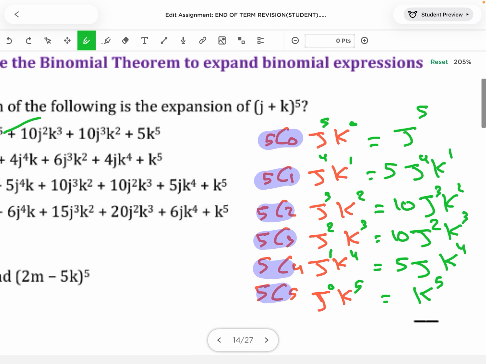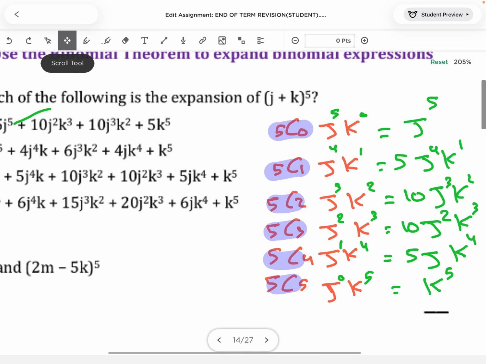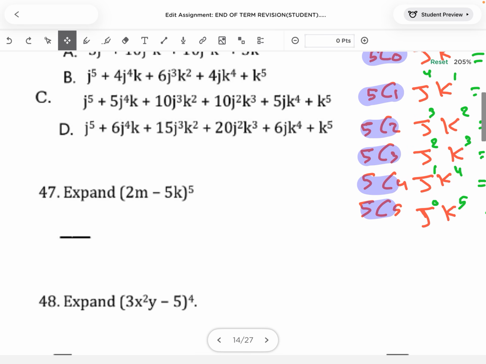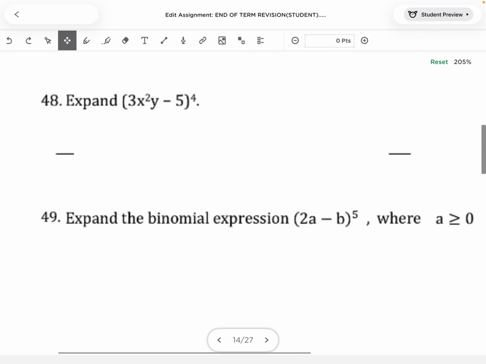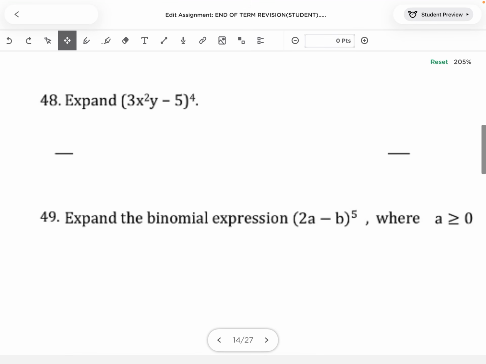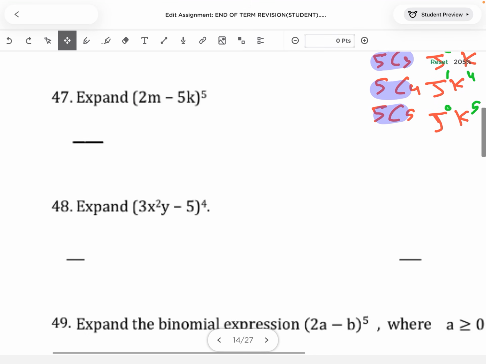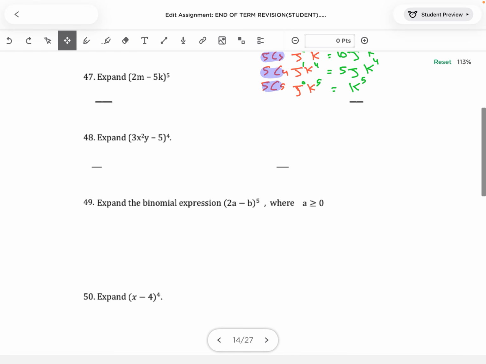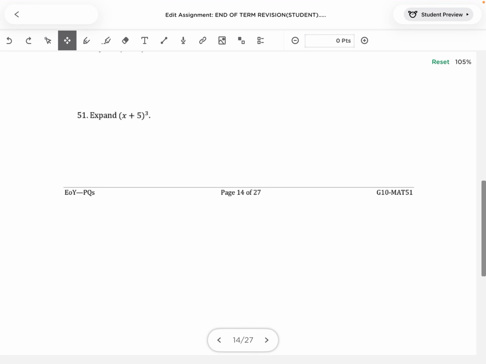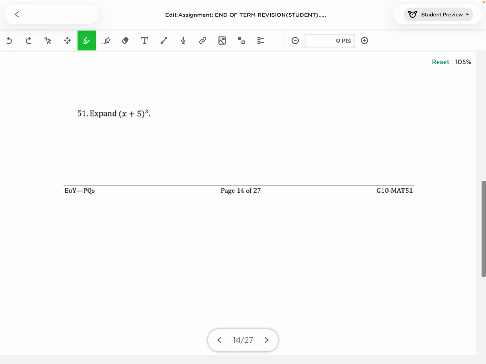Okay, one more one. And I did question number 47, but let me do it one more time. It is fine. Let me just write it down here. This is question number 47. It is 2m minus 5k to the power 5.